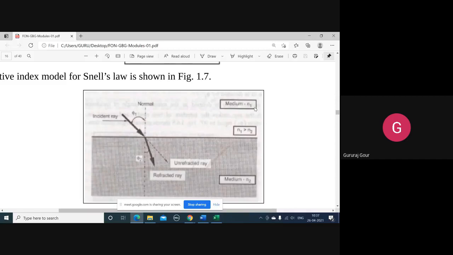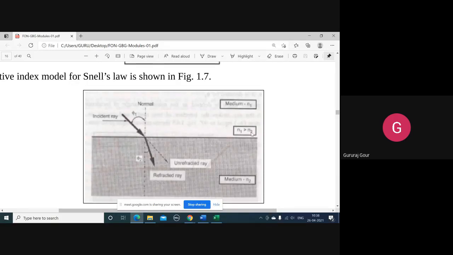Medium 1 having refractive index N1 and medium 2 having refractive index N2. Again, we know that the refractive index depends on the density. Now the ray of light enters from medium 1 making angle phi 1 into medium 2 having refractive index N2, and it is refracted.